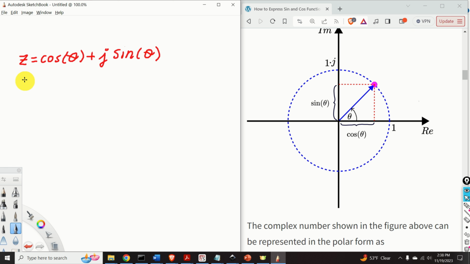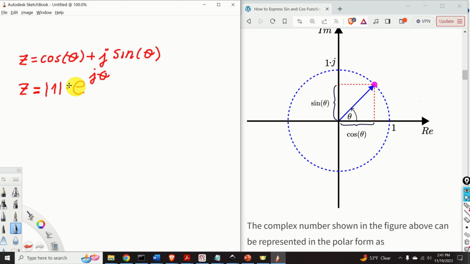Now, we can write this complex number in the so-called polar form. The polar form of this complex number is the modulus of the complex number, that is, the distance from here to here, or the length of this vector, and the length is equal to 1, multiplying e to the power j theta.